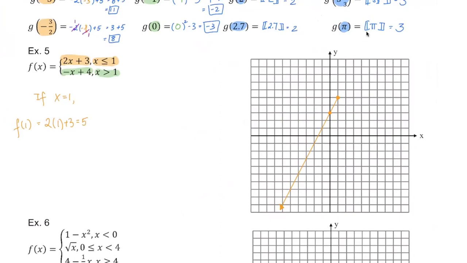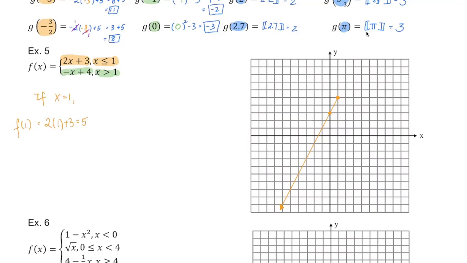So let's look at the next part, the green part, when x is greater than 1. Now, here's the thing about x greater than 1. x is not equal to 1, but the graph is going to start when it is 1.000000001. So it's pretty darn close to 1, but it's just not 1.